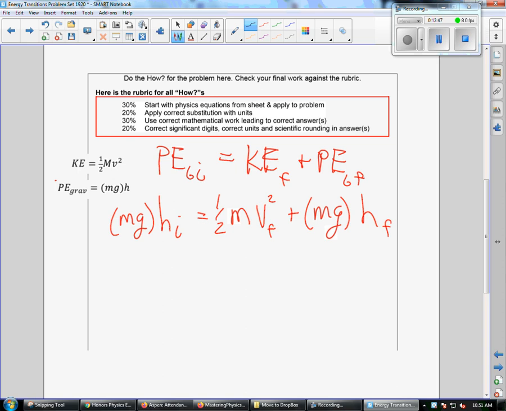Oh, there's a mass term in every one. What can I do? Get rid of it, right? So I don't even have to worry about it. So no matter if it was an apple or a Buick, it would do the same thing.